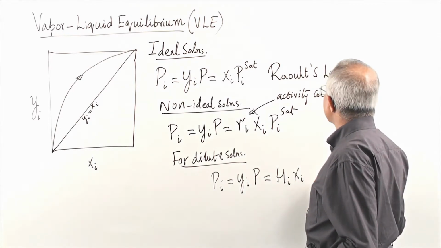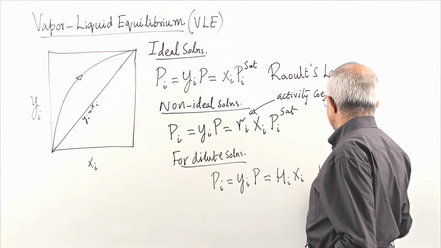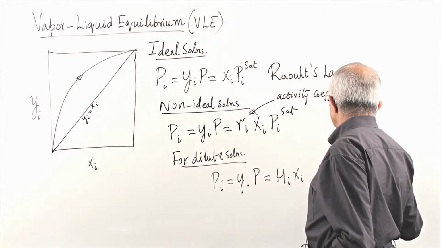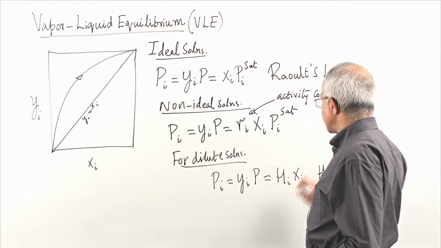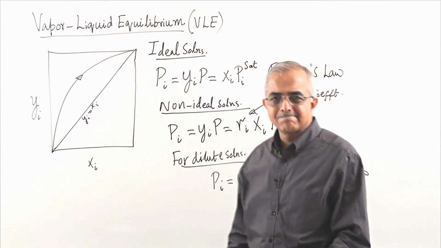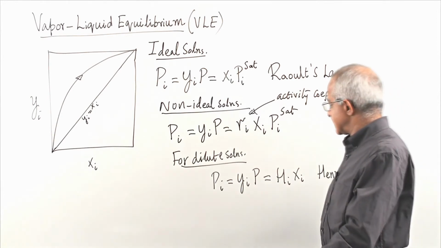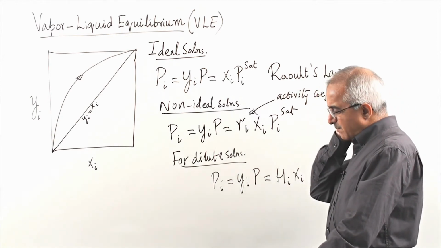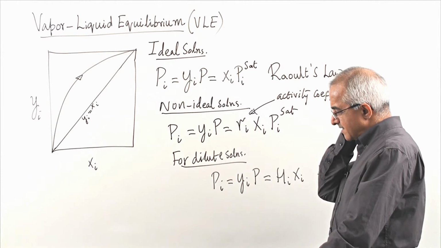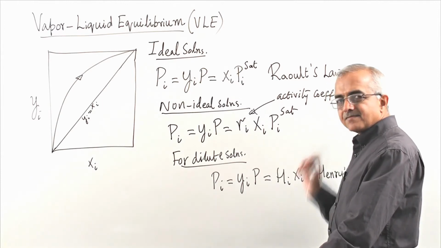This is called Henry's law. This is valid only for small, lower ranges of xi, where xi is very small. Hi is called Henry's constant. Corresponding units will be there for Henry's constant.